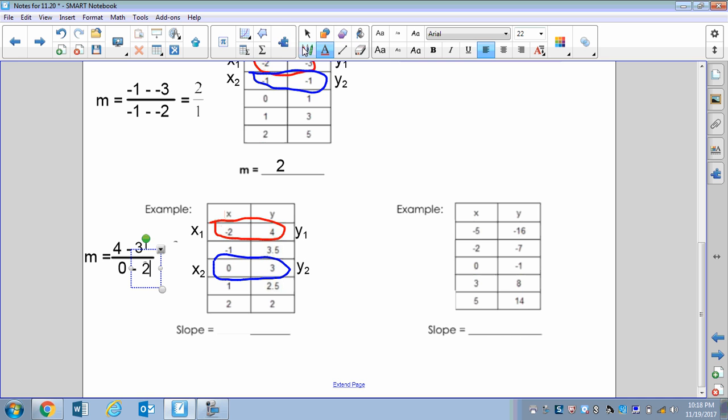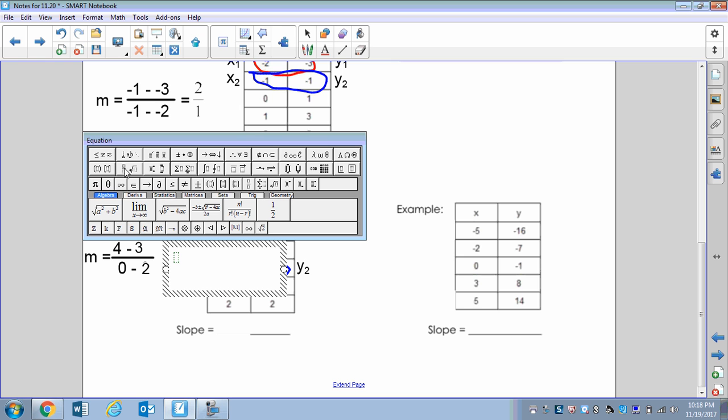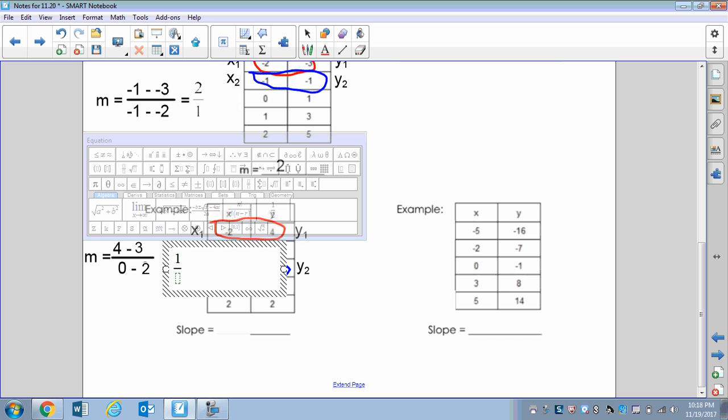And when I do 4 minus 3, I end up with 1, and 0 over negative 2, or 0 minus 2, I end up with negative 2.